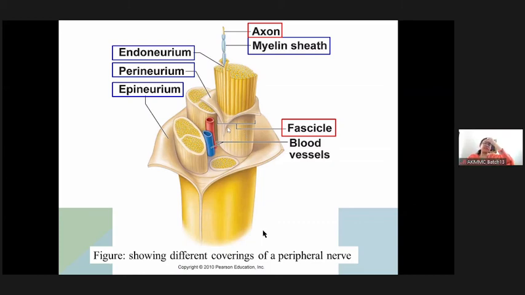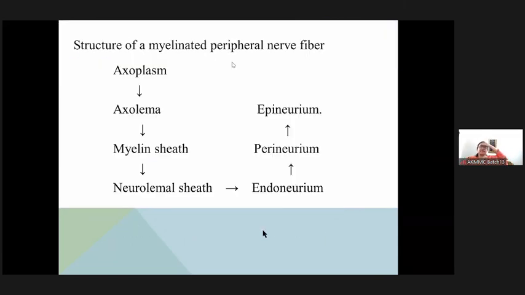Yes, ma'am. Covering আমরা পেলাম structure of myelinated nerve fiber, peripheral nerve. আমরা নার্ভের ভিতরে পাচ্ছি, নার্ভ ফাইবারের ভিতরে এক্সোপ্লাজম পাচ্ছি যেটাকে কভার করছে এক্সোলেমা, দেন মাইলিন শীথ, নিউরোলেমাল শীথ, দেন এন্ডোনেউরিয়াম, দেন পেরিনেউরিয়াম, দেন এপিনেউরিয়াম। এখন ছবিগুলোর সঙ্গে কি এই ফ্লো চার্টটা মিলেছে?